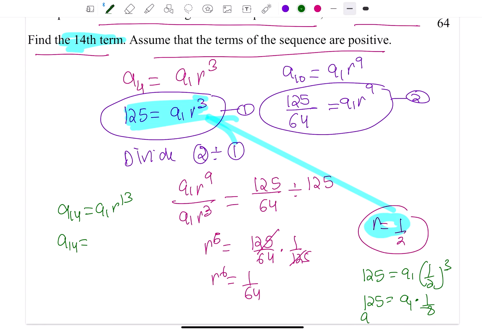So a1 would be 125 times 8, which is our first term. That's 1,000. So a1 is 1,000. The first term of this series is going to be 1,000.